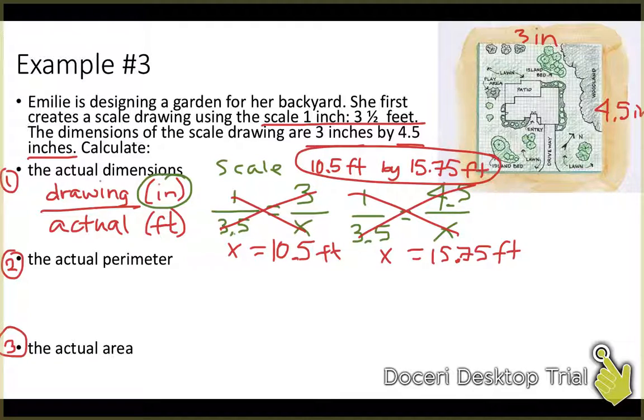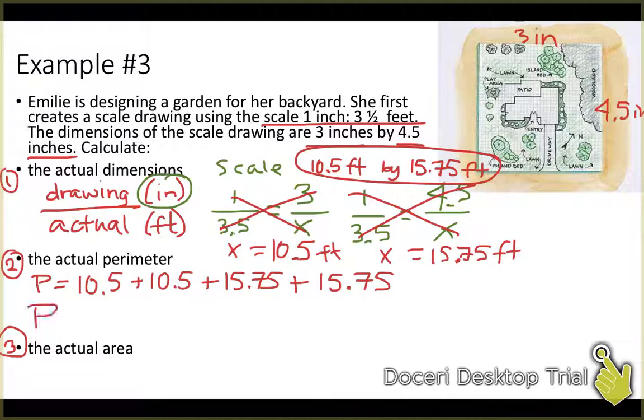Alright, did step 1. Now I have to do step 2. Whew, I'm glad I'm done with step 1. That's the longest one. So for my perimeter, I'm going to add up these sides. I'm going to use 10.5 twice, so 10.5 plus 10.5 plus 15.75 plus 15.75.